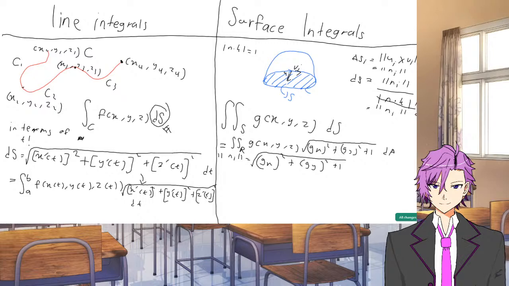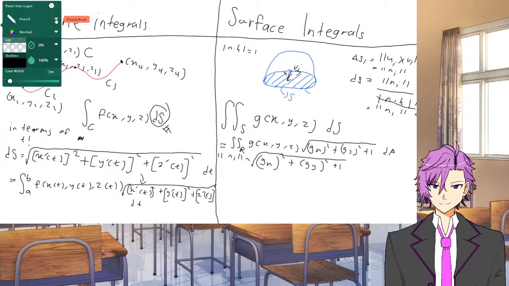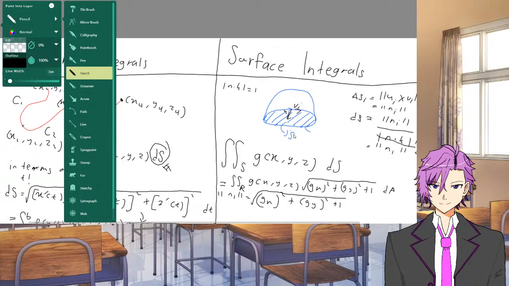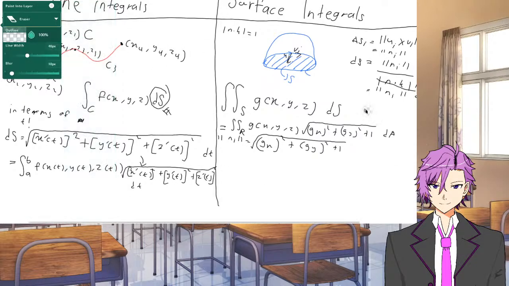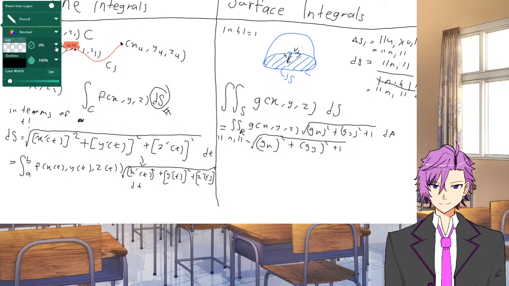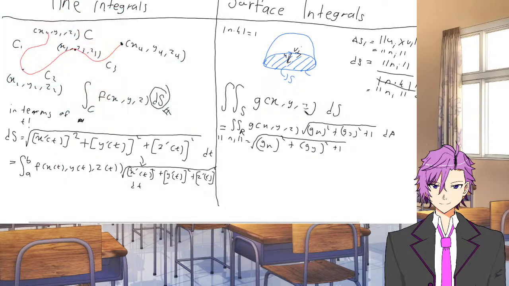This is getting a bit complicated. Oh right, so this is not z, this is actually, oops, we'll stick with the pencil, convert to white, and we'll cover this up.